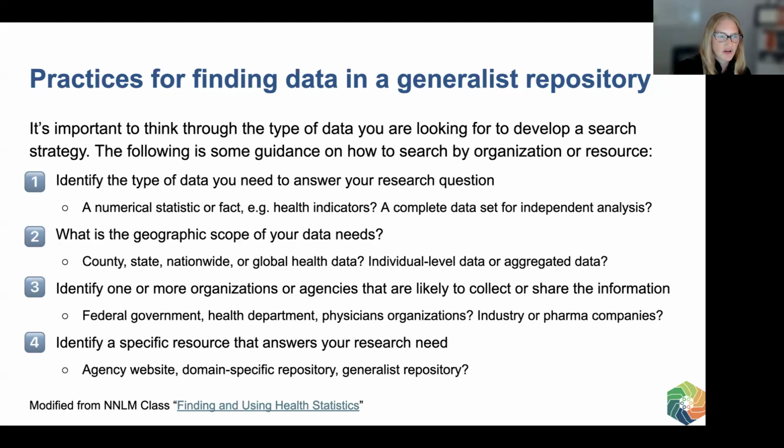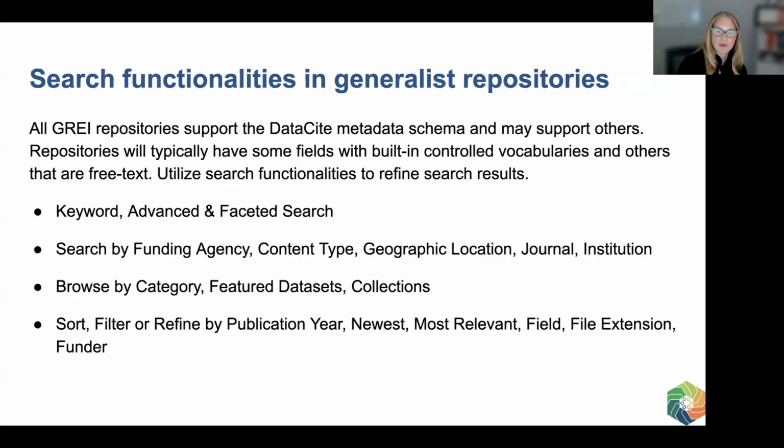Next, moving on, I'll talk about some concrete search functionalities of repositories. Once you have that search strategy down, you can leverage search functionalities of repositories. As Pearl mentioned, the GREI repositories support the DataCite metadata schema, and they have their own unique search functionalities.